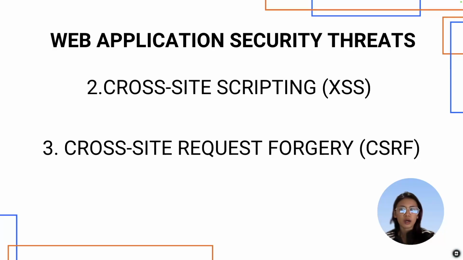For the next one, we have the cross-site request forgery. This one, on the other hand, occurs when an attacker tricks the user into performing an action on a web application where they are authenticated. Okay. So an example of this is, you are logged in to your Facebook account, and then you see a random link and you click that link on a random site, and then that site redirects to another website which has a title like 'see who viewed your profile.'